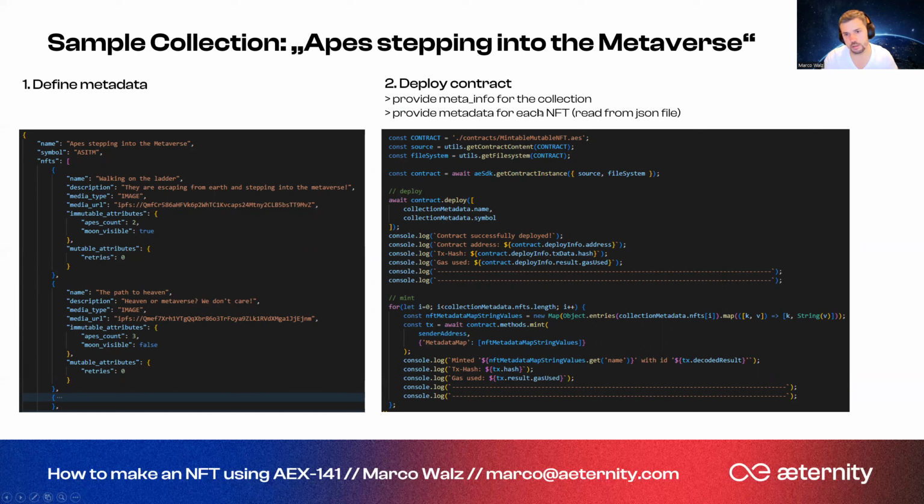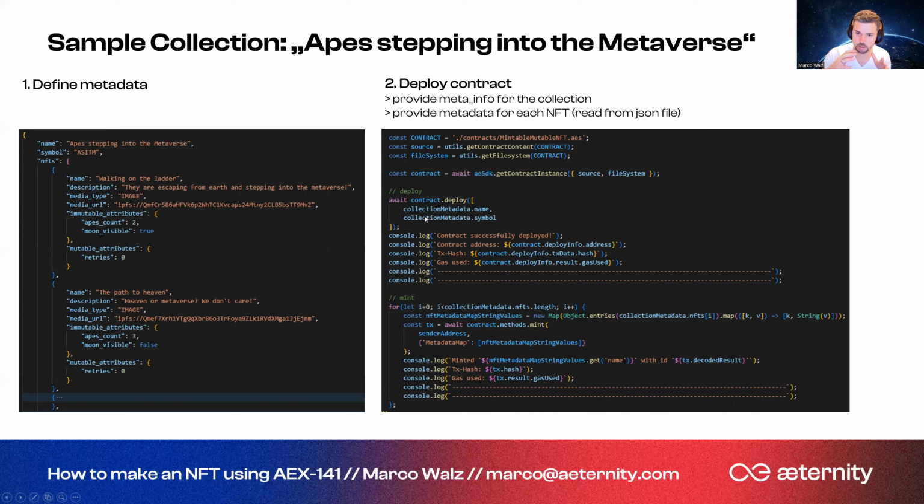On the right side, you find all the source code of this: the JSON file, the example, the scripts, how to deploy. It is all included in this repository I mentioned. So on the right side, what do we do? We initialize the contract instance using the SDK, and then we deploy the smart contract, providing the collection metadata, meaning in this case the name and the symbol.